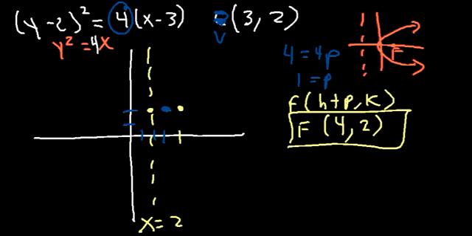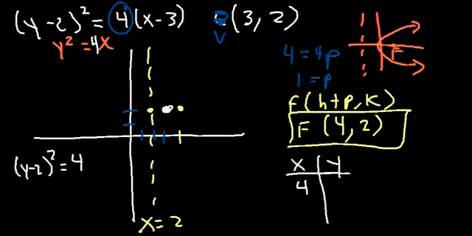Let's say if we plug in, let's make a table. We know the center is 3, or the vertex is 3, 2. Let's plug in 4 for x. And let's see what we get for y. If we plug in 4 for x, it's going to be 4 times 4 minus 3 is 1.